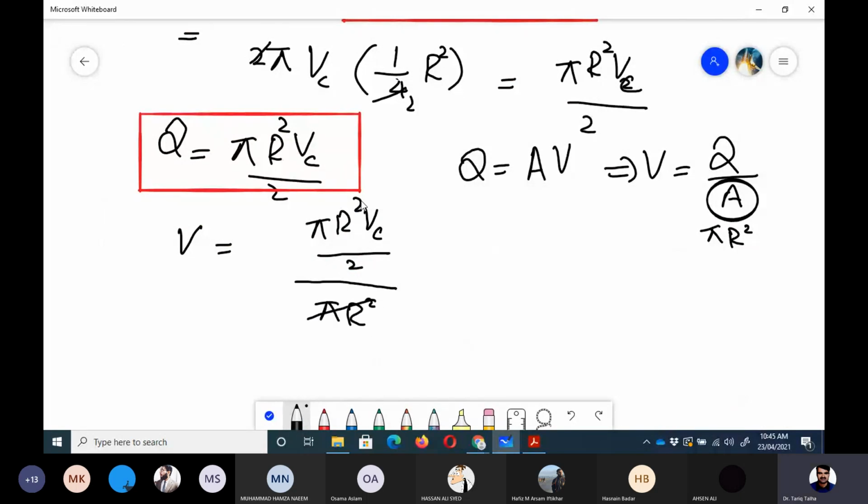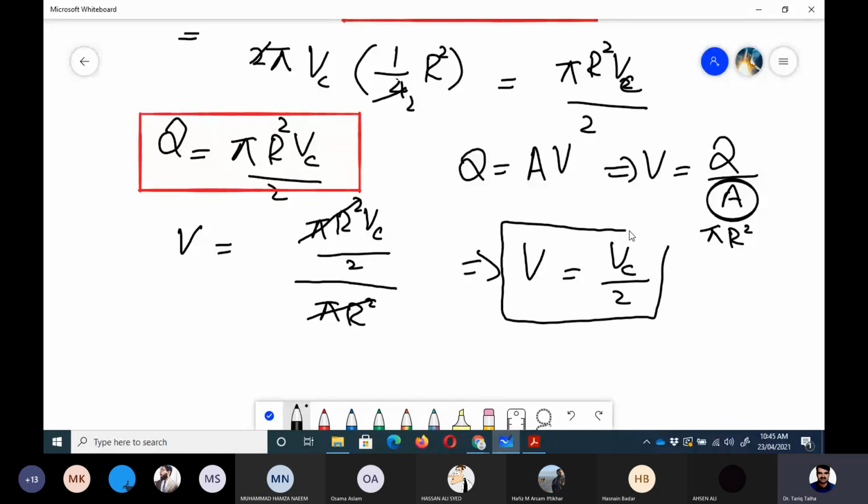This pi R square would be cancelled out with this, and it tells us that the mean velocity is half of the center line velocity. So if the center line velocity is 20 feet per second, then the mean velocity in the pipe for that steady laminar flow would be 10 feet per second, right? So now we have got this relation.